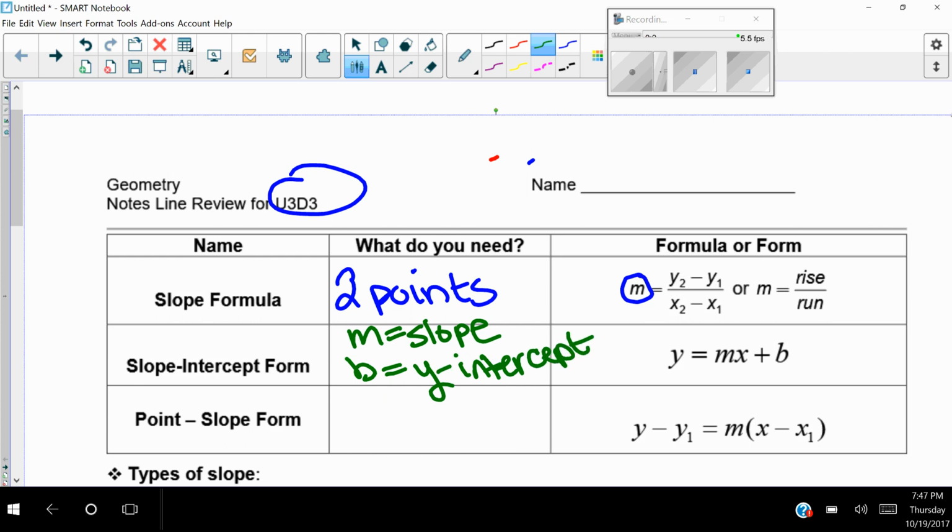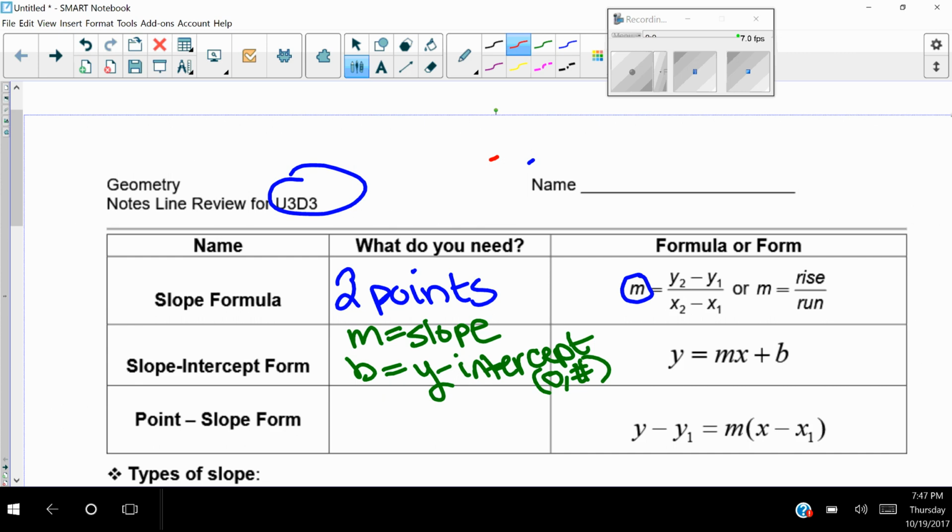If they give us where it hits the y-axis, it's going to be when x is 0 and y is usually equal to a number. When they give you the y-intercept, then we can just plug it straight into slope-intercept form. Usually they want us to write our answers in slope-intercept form.